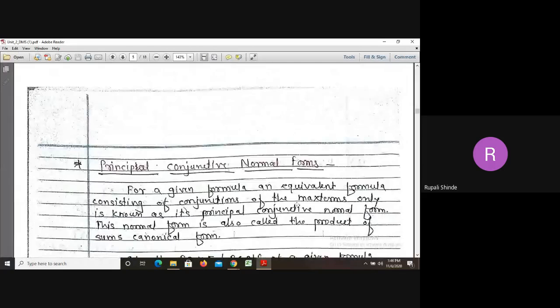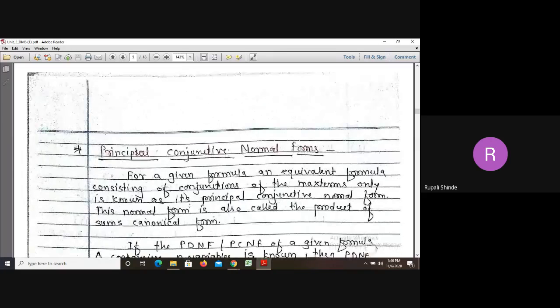So now we have to see what PCNF is. PCNF is principal conjunctive normal form. What is the definition? For a given formula, an equivalent formula consisting of conjunction of max terms only.